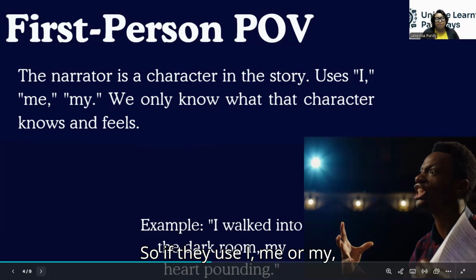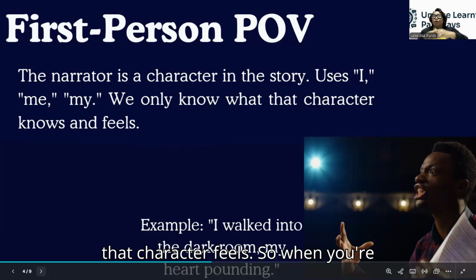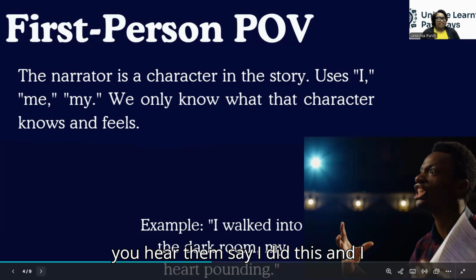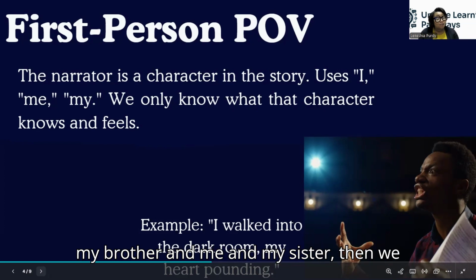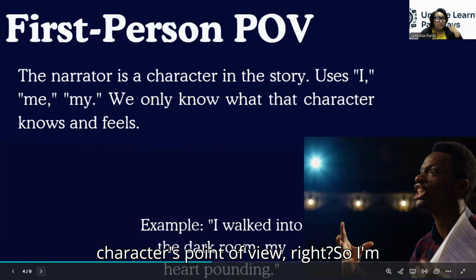If they use I, me, or my, then we already know this is how that character feels. When you're reading and you hear them say, I did this and I did that and I felt so sad, and me and my brother, and me and my sister, then we automatically know that this is the character's point of view.